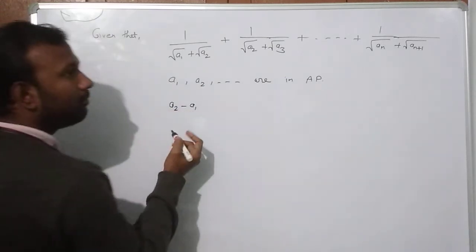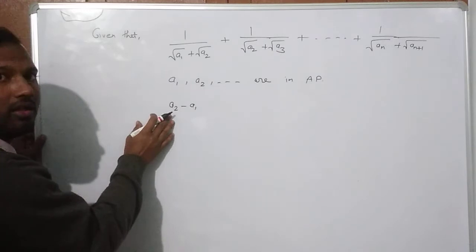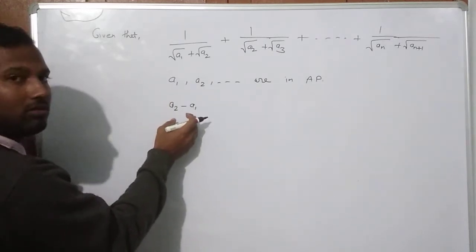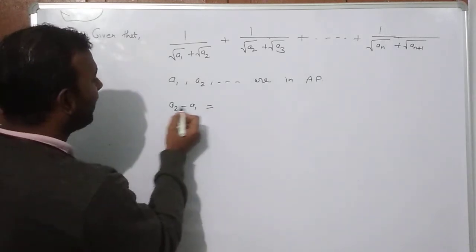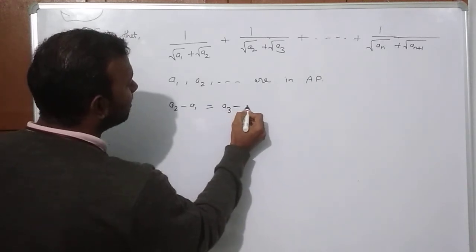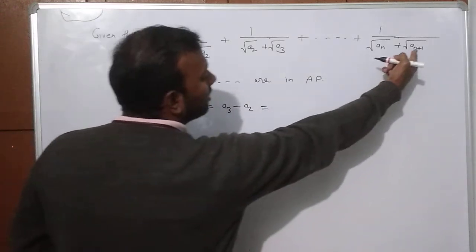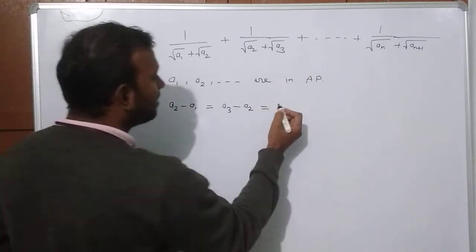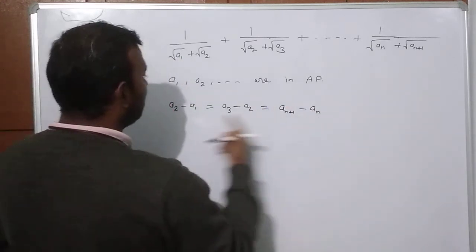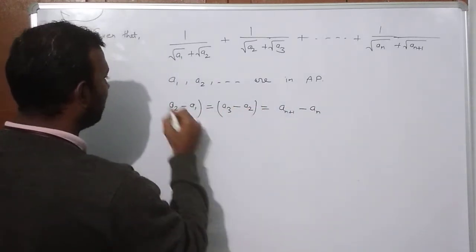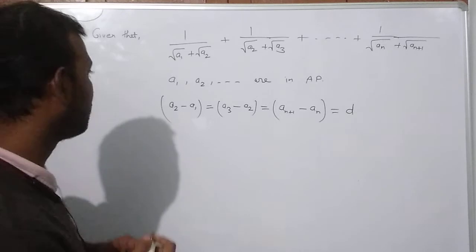A2 minus A1 means the difference of two consecutive terms, in which I am writing the next term first and then subtracting the previous term, and this is constant for an AP. So A2 minus A1 will be equal to A3 minus A2. Also this will be equal to, as here the maximum term is An plus 1, the previous one will be An. So this value is constant, and let's say that constant is d, which is known as the common difference also.